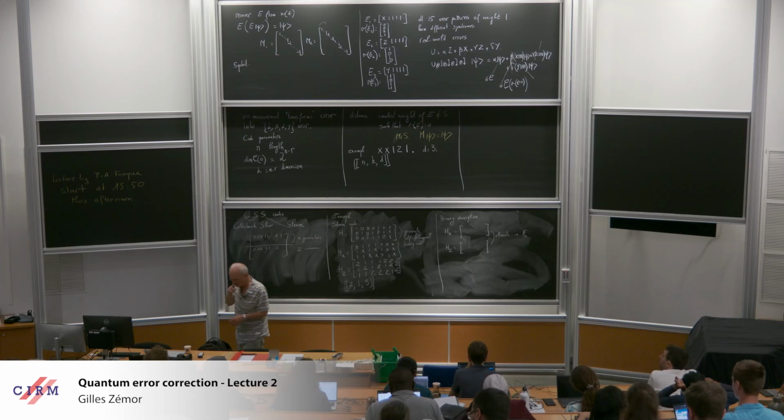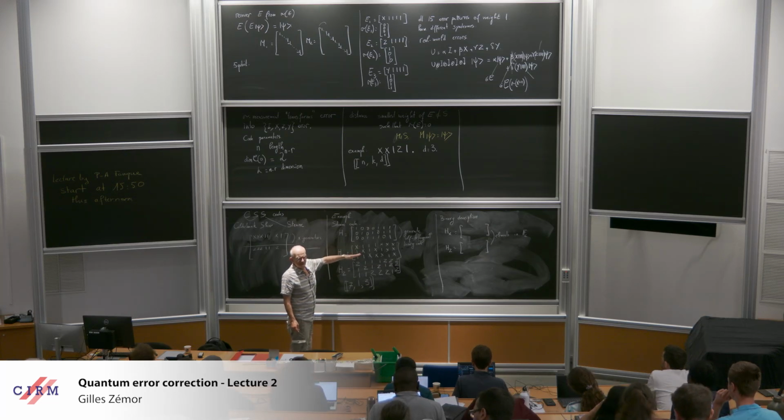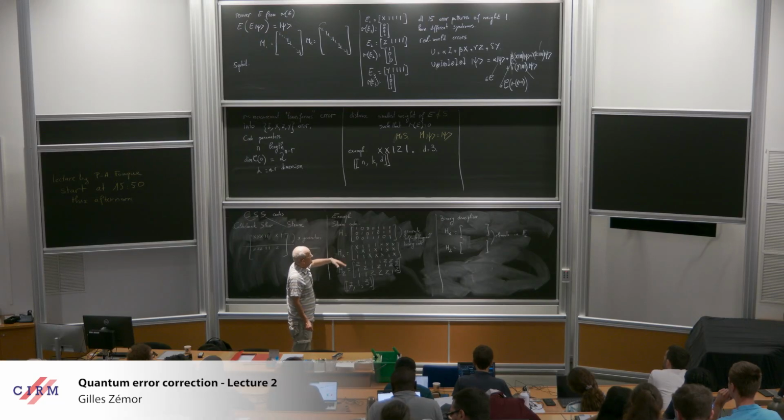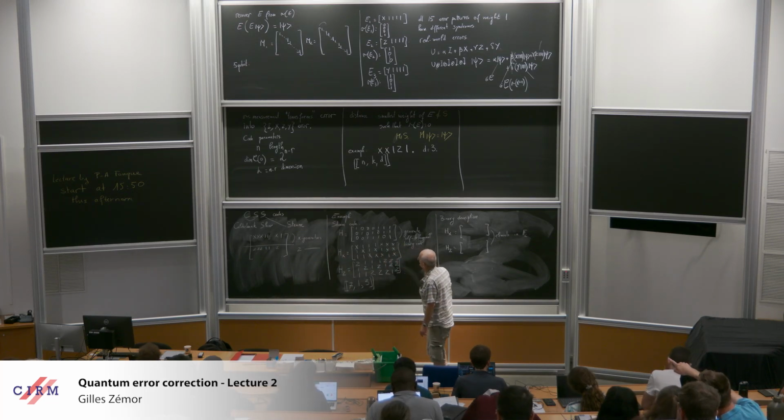And how does the commutativity condition translate? X operators will always commute with X operators, Z operators will always commute with Z operators. The tricky part is that X operators may, if we're unlucky, not commute with Z operators. So you need to be careful how you choose your 2 matrices.